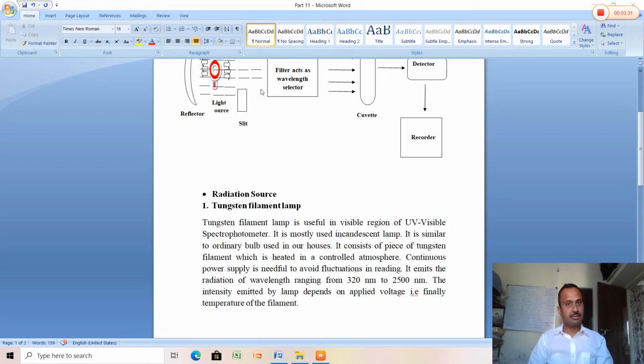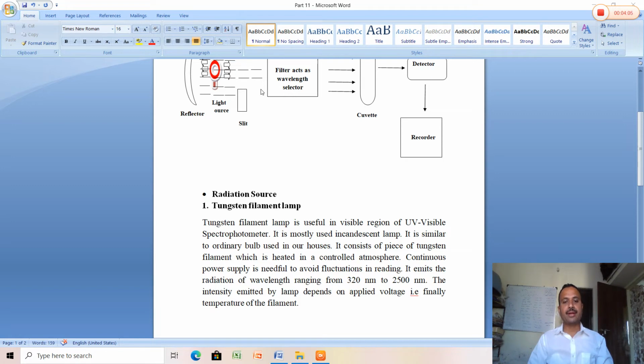This point should be remembered, because 320 to 800 nanometer is the range of visible light, but the tungsten filament lamp also emits in the IR region, from 800 nanometer to 2500 nanometer. So this is a broad range of IR region, and the maximum radiation emitted by the tungsten filament lamp lies in the IR region.